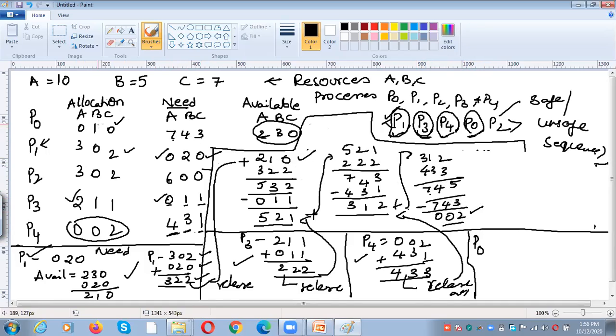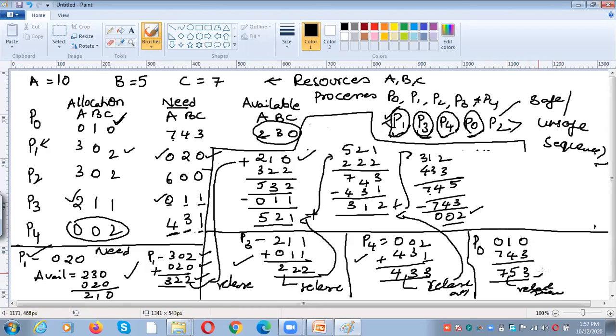Earlier you had given 0 1 0. Now 7 4 3. Earlier 0 1 0 was allocated, and now 7 4 3 are allocated to process 0. So the total is 7 5 3. After completing, the process will release the resources.